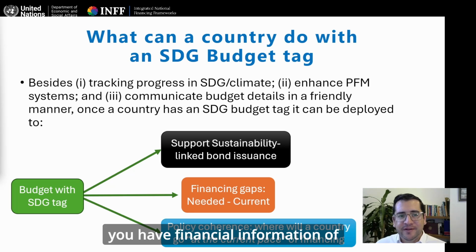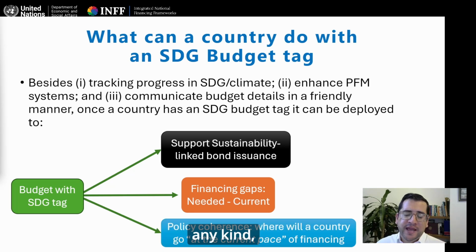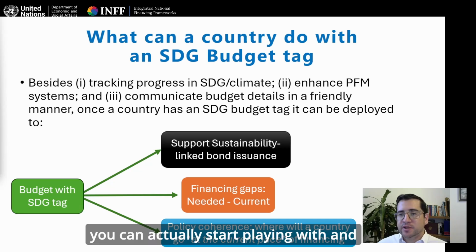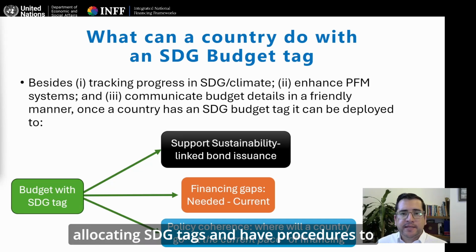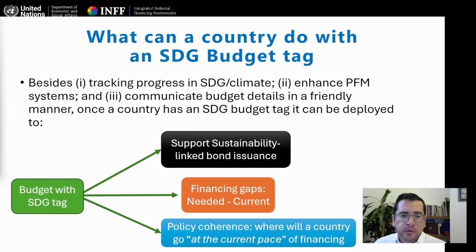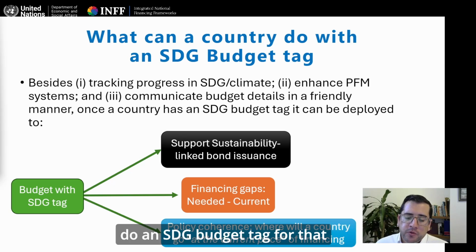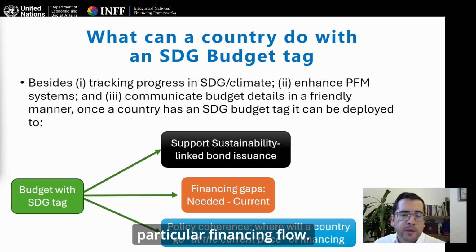Basically, as long as you have financial information of any kind, you can start allocating SDG tags and have procedures to do an SDG budget tag for that particular financing flow.